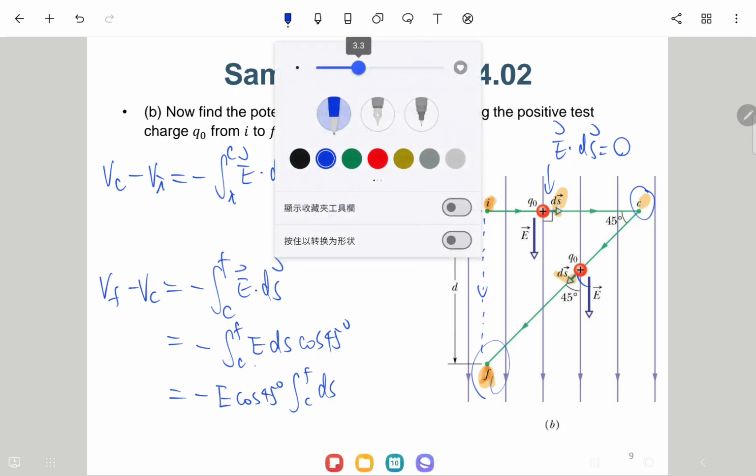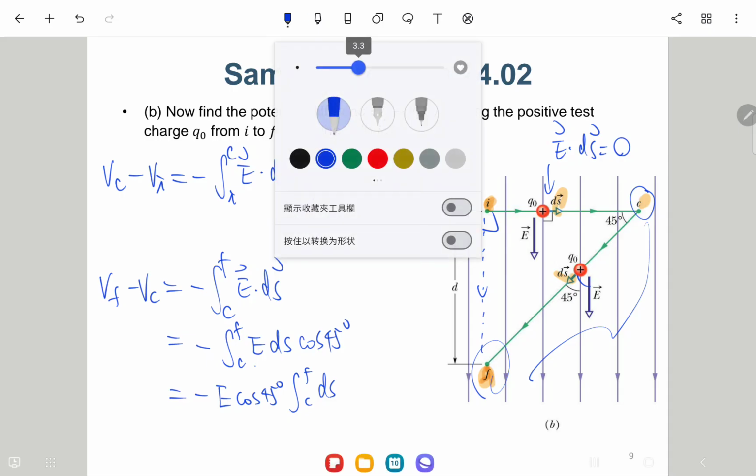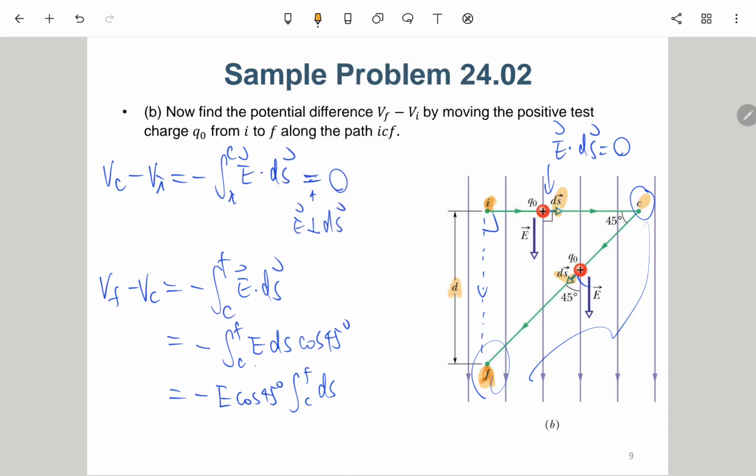So what is the length of this path CF? Here we have a right triangle. This side is d, this side is d, this angle is 45 degrees, this is 90 degrees, and this is also 45 degrees. By the Pythagorean theorem, CF should be square root of 2 times d.